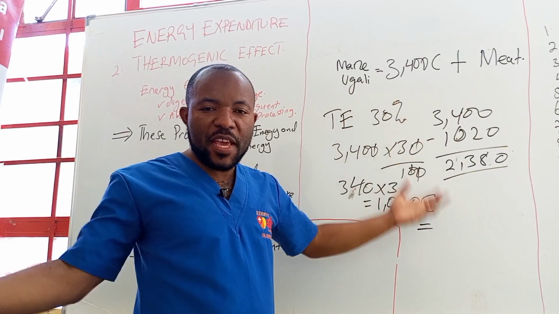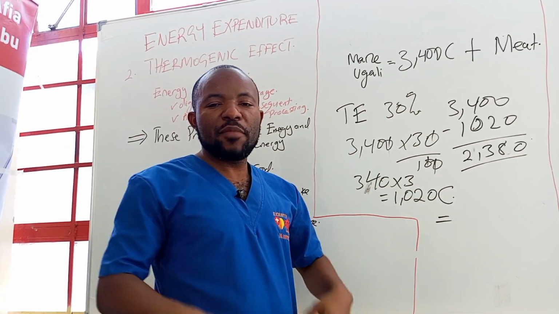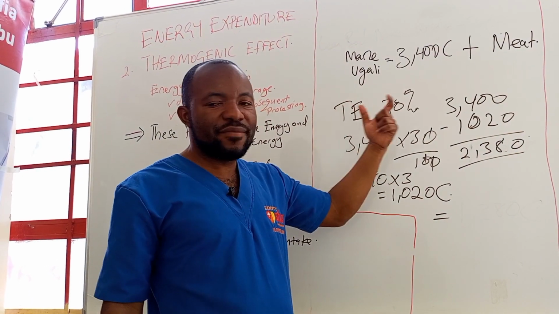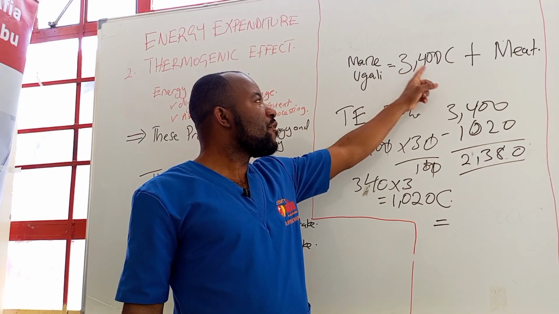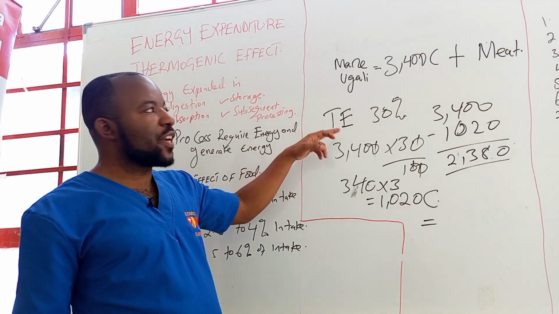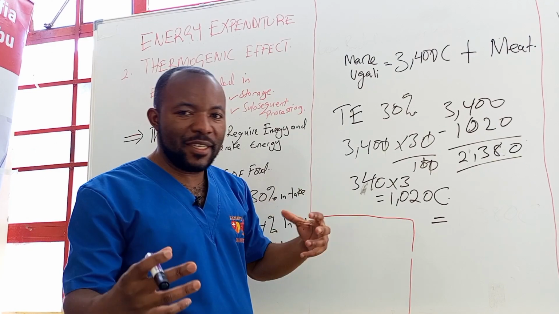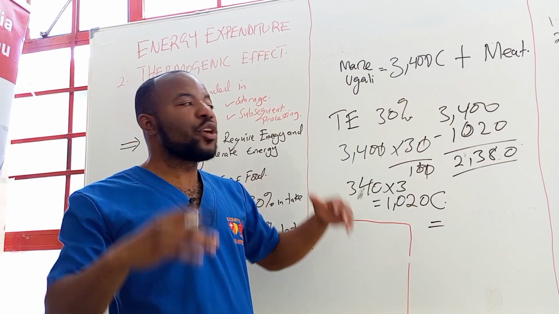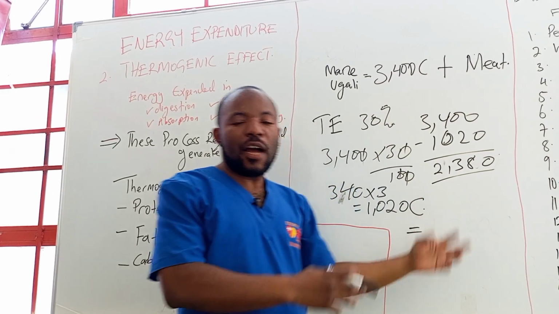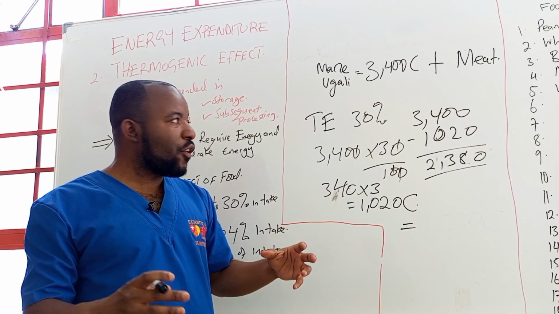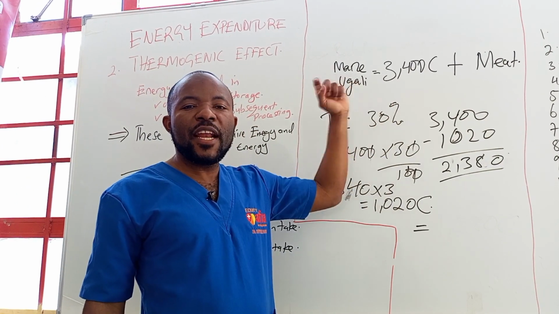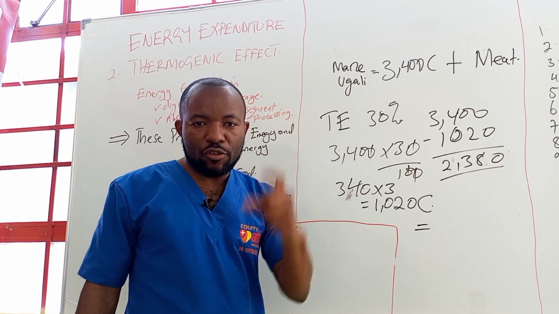worth of maize, it can be in pancakes, it can be in ugali, anything, a product of maize, you're going to have 3,400 calories. Therefore, the thermogenic effect, if you accompanied that maize with protein, for example, meat, in the 24 hours, that meat is going to deduct 30% from the energy you took in from the carbohydrates.